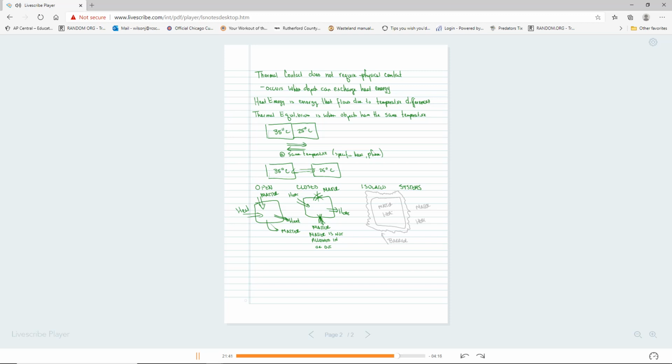And an isolated system would be our Snuggie with a blankie. Our little system's got a Snuggie or a blankie. So, matter and heat inside, matter and heat outside, and this is a barrier.